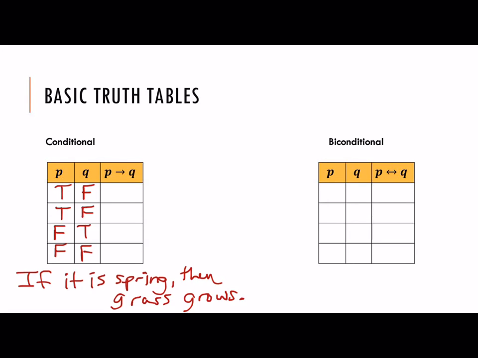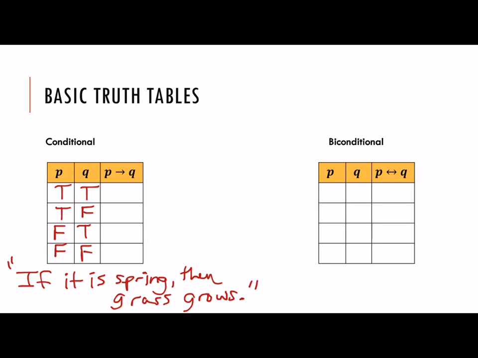Alright, so now let's look at this if-then statement and decide in which of these 4 cases it's considered to be true and in which it's considered to be false.